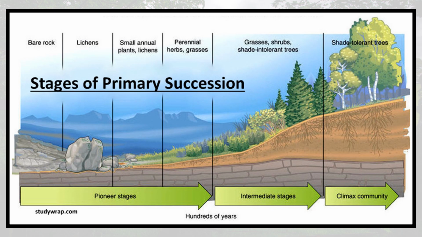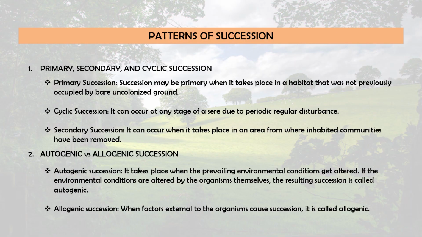Here we can find grasses, shrubs, and some trees also. And in the climax community, you will see that there are so many trees that have stabilized or changed themselves to withstand the existing environmental conditions. So they are found in the climax community.